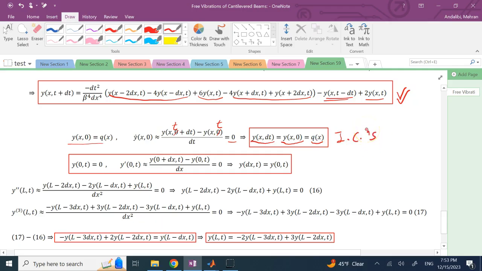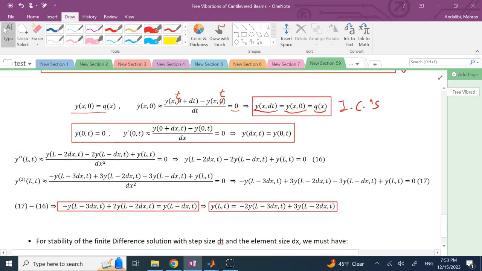Now let's apply the boundary conditions. Remember, there are 4 of them. One is y at location 0 at any time point is 0. The other one is that the slope at location 0 at any time is 0. Again, for the slope, the first y derivative, I use the forward x derivative formula.